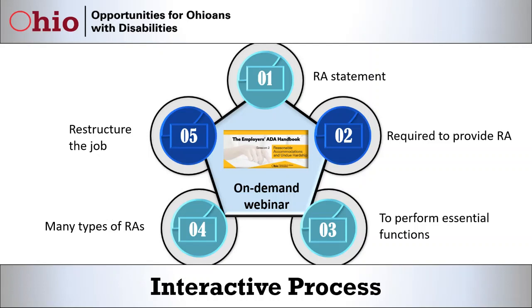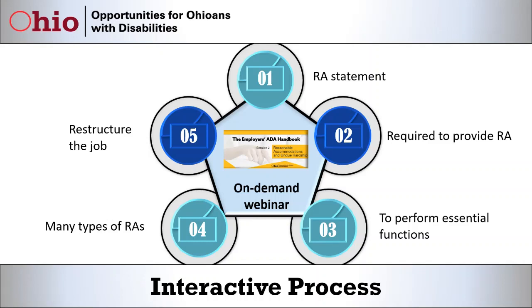Restructuring the job speaks directly to the job's essential functions, and so we are going to discuss that type of accommodation in more detail. The remaining types of reasonable accommodations are discussed in our on-demand webinar, the Employer's ADA Handbook, Reasonable Accommodations and Undue Hardship, which is available on the OOD website and referenced in the Learner's Guide.